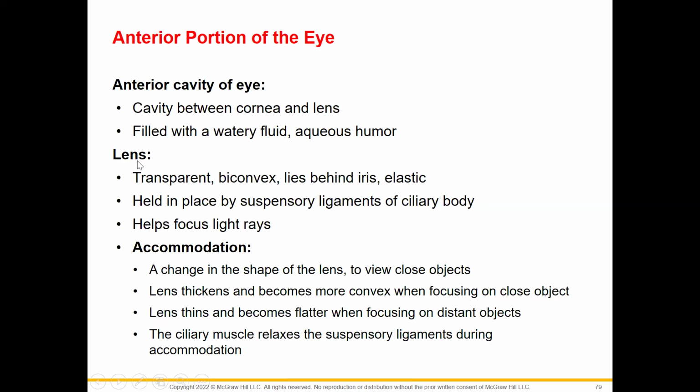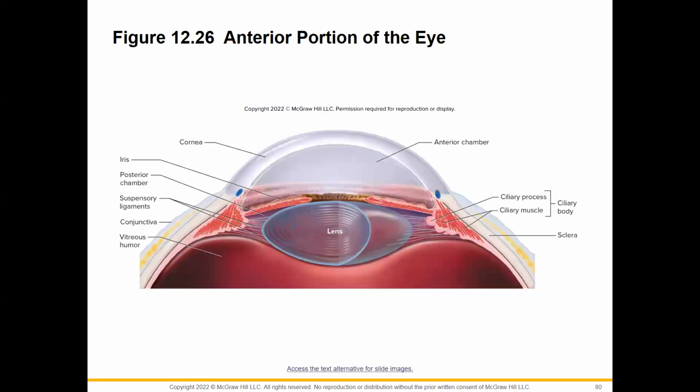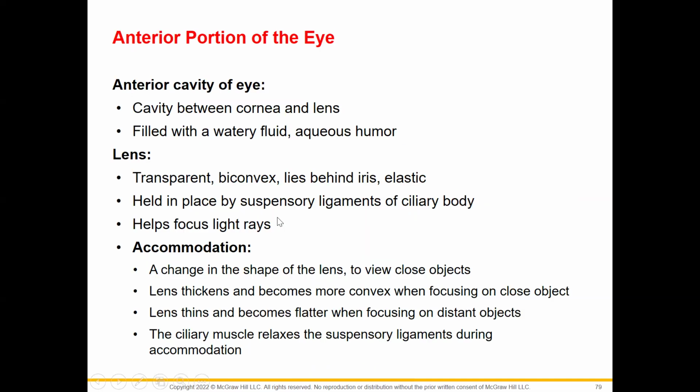So then you have the lens. The lens is the transparent biconvex structure that lies behind the iris and is elastic. Biconvex. Let's go back to that image that we just saw. This lens is biconvex, meaning that it curves outward that way and curves outward that way. It has two outward curves, biconvex. It lies behind the iris.